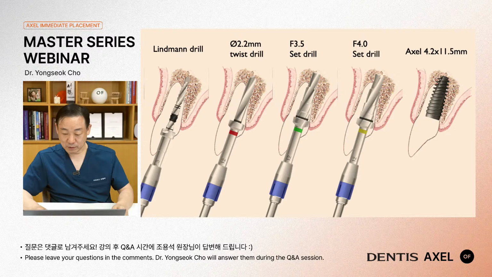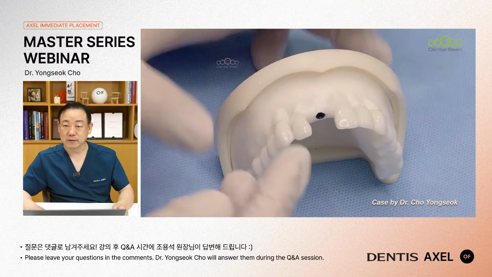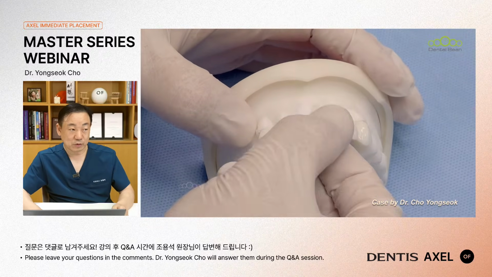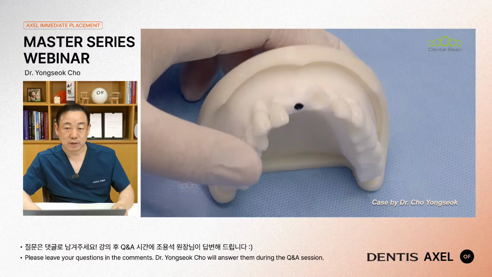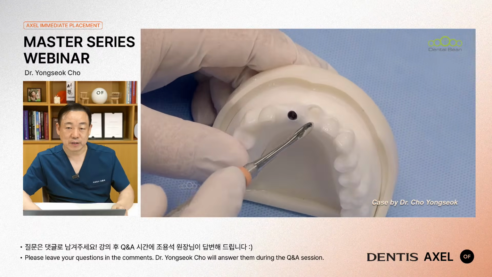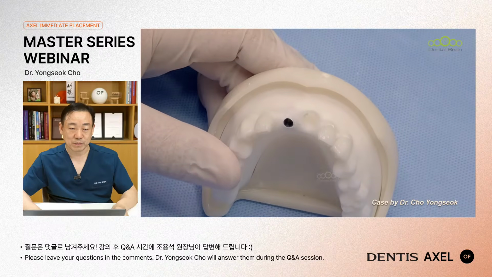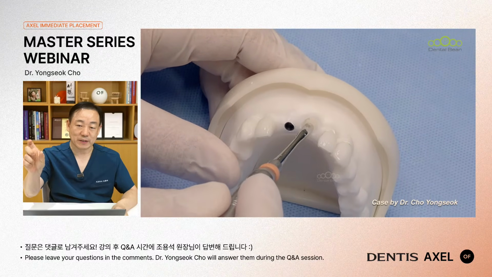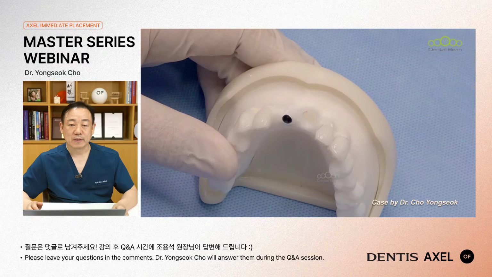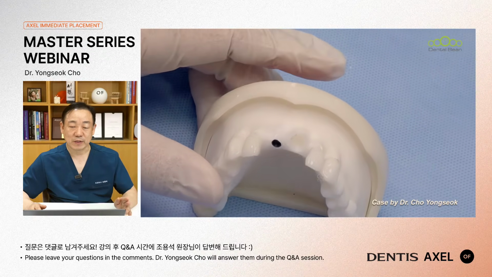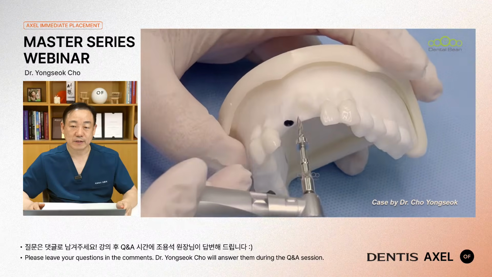Okay, look at this model surgery here. When I do model surgery, I carefully examine the palatal slope, with the root positioned labially, and the entry point is the apical third here.